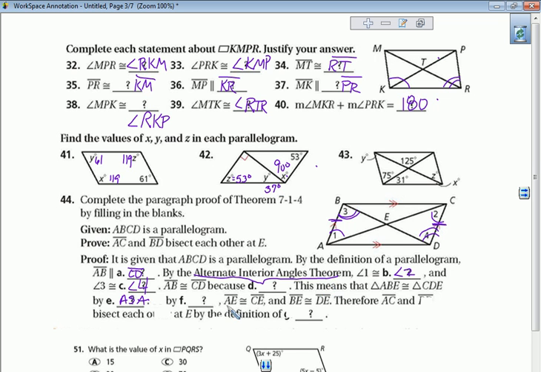So, corresponding parts of congruent triangles must be congruent, CPCTC. Therefore, AC and BD bisect each other. And that's the definition of bisector. Okay.